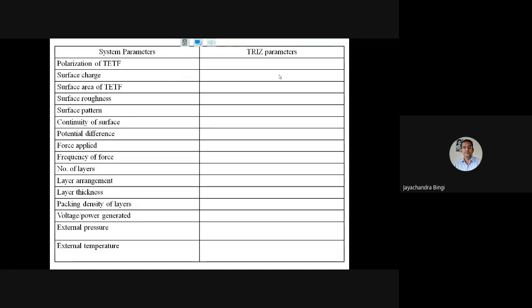Don't do guesswork. Fundamentally understand it, then assign something. Surface roughness. How do you explain it to a layman? That means a person who doesn't know anything about science. So we could talk about it in terms of texture, right? Yes, texture. How do you explain? Depending on how the surface texture is, the roughness also changes.